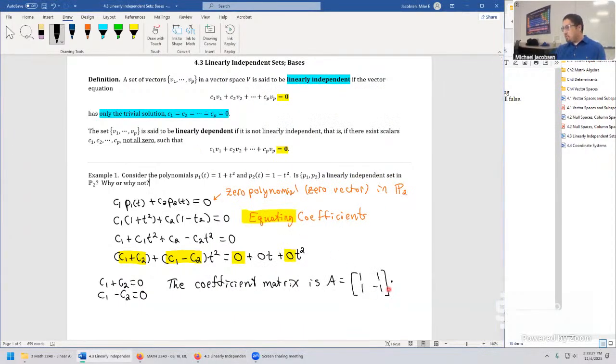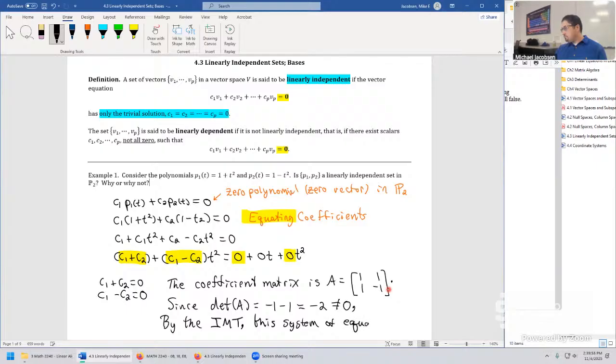So let's take the determinant of this matrix A. We can say since determinant A equals negative 1 minus 1, which is negative 2 and is not 0, by the invertible matrix theorem, this system of equations has only the trivial solution.